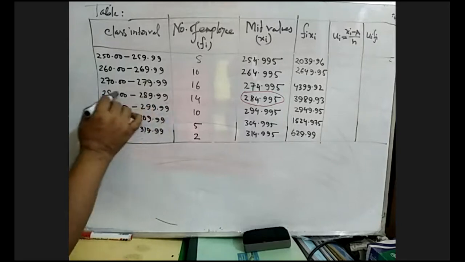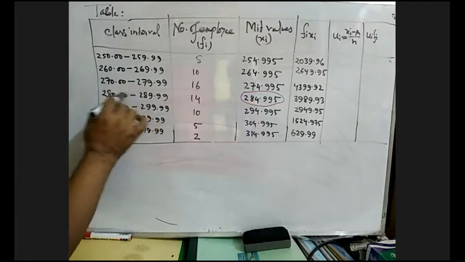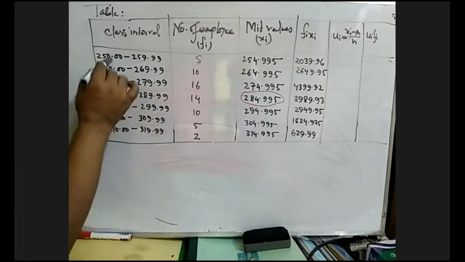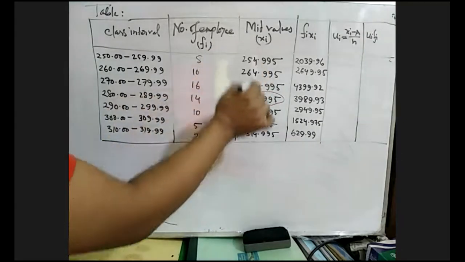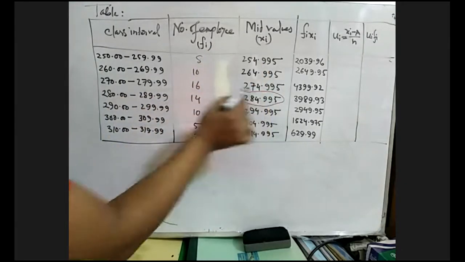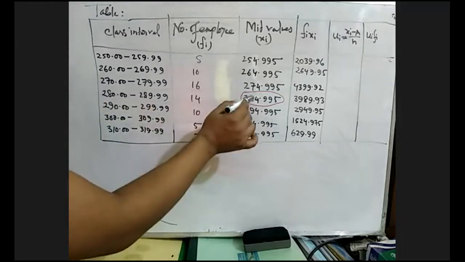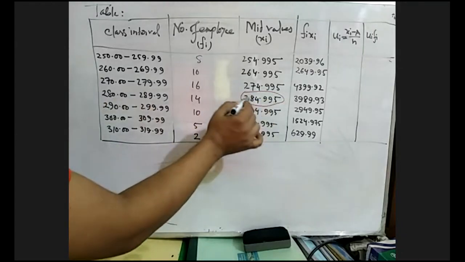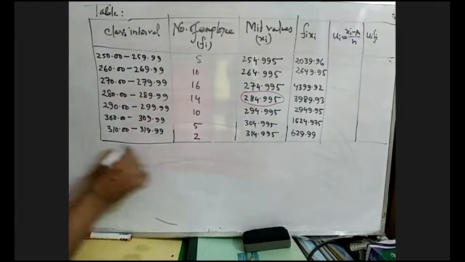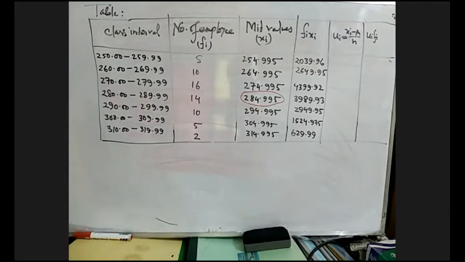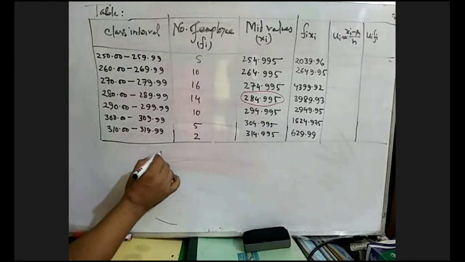So in this class the assumed mean consists. The mid value 284.995 is in this class, and this mid value will be the assumed mean. So assumed mean equals what? Assumed mean equals 284.995.